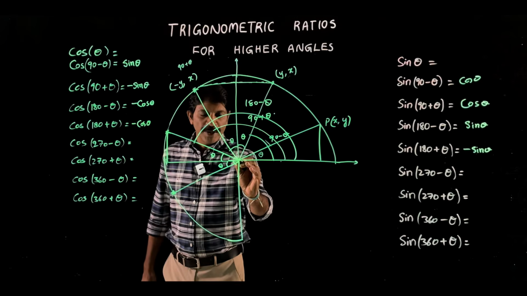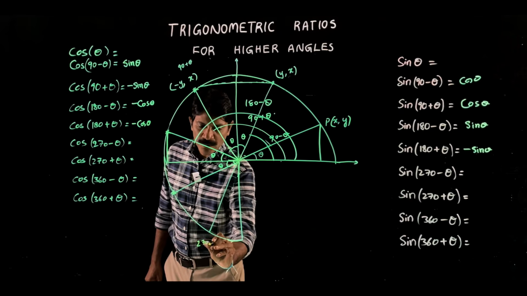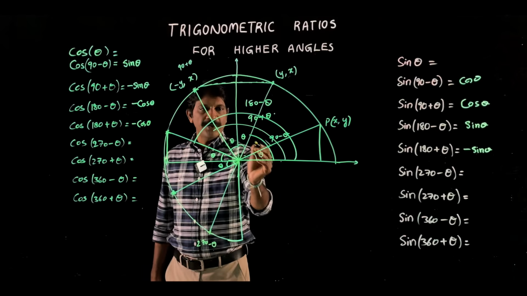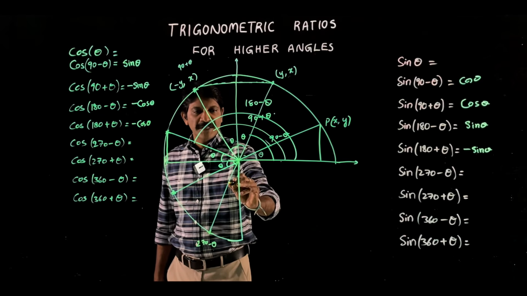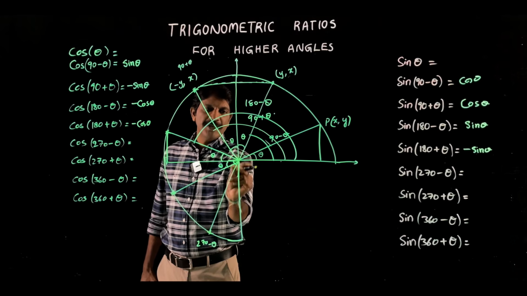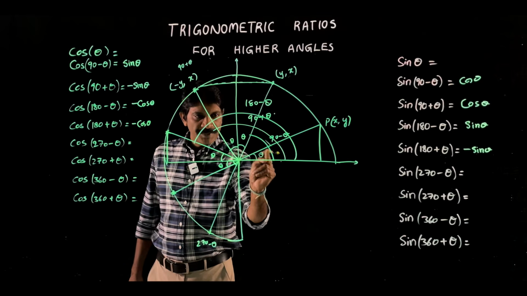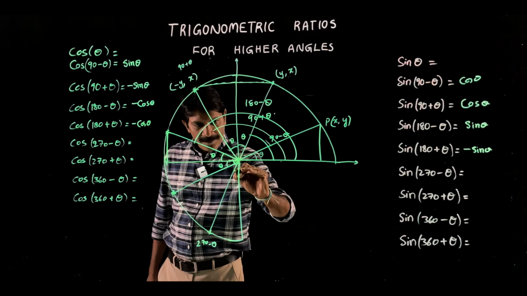Now let us find the coordinates for 270 minus theta. From here to here it is 270 minus theta. You see this angle, the same angle, I kept vertically opposite. Theta, theta. If you start from here, it is 270 minus theta.